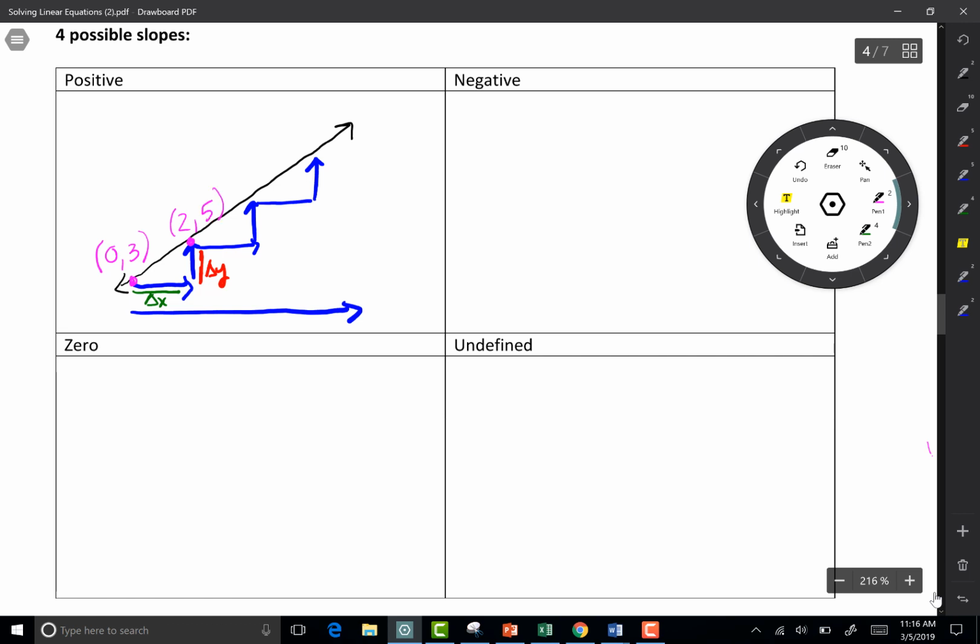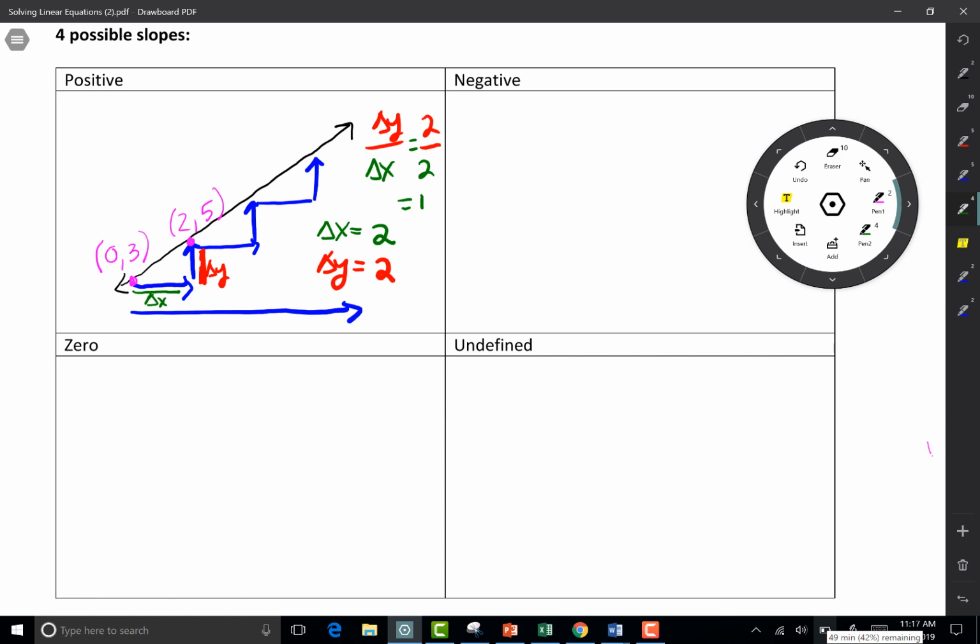Then my change in x, from 0 to 2, in the positive direction, that's a change of 2. My change in y, that's from 3 to 5. That's my difference in my y value. That's also a change of 2 in the positive direction. So then when I take my change in y over my change in x, that gives me 2 over 2, and I would have a slope of 1. And that's positive. It's going up left to right.